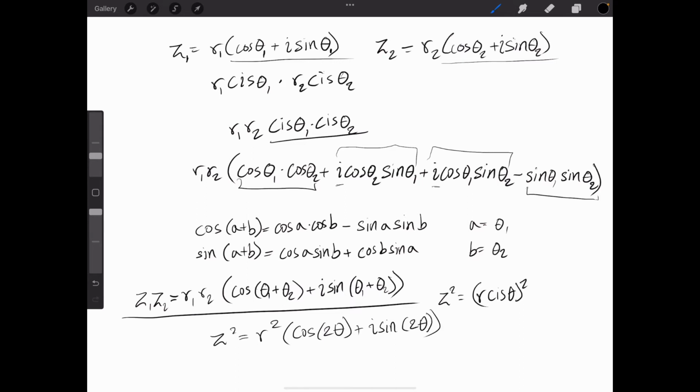It's that simple, because you already found what you did before with multiplying polar forms. You just use that and find how to do exponents with these.